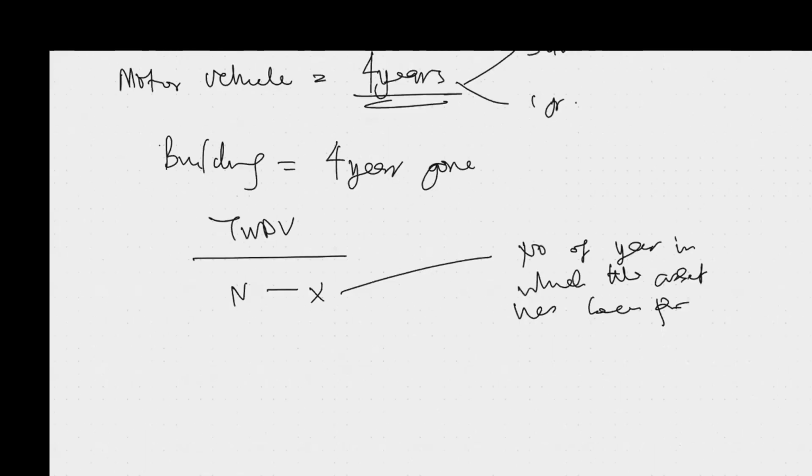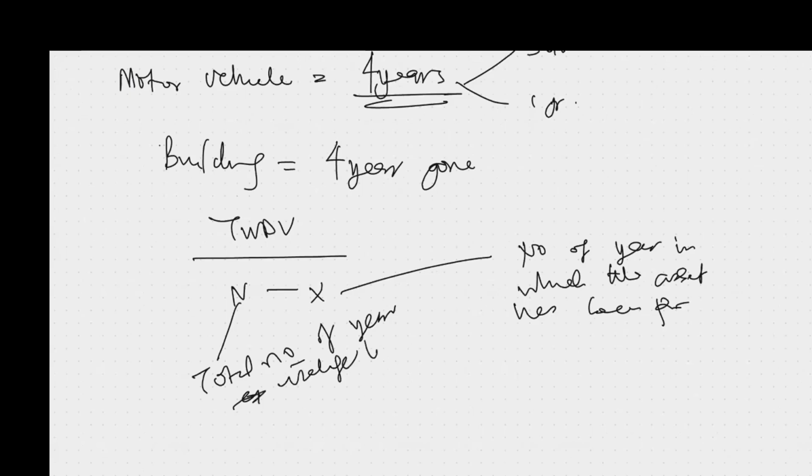And n is the total number of years, that is useful life of the assets. So that is what n means.